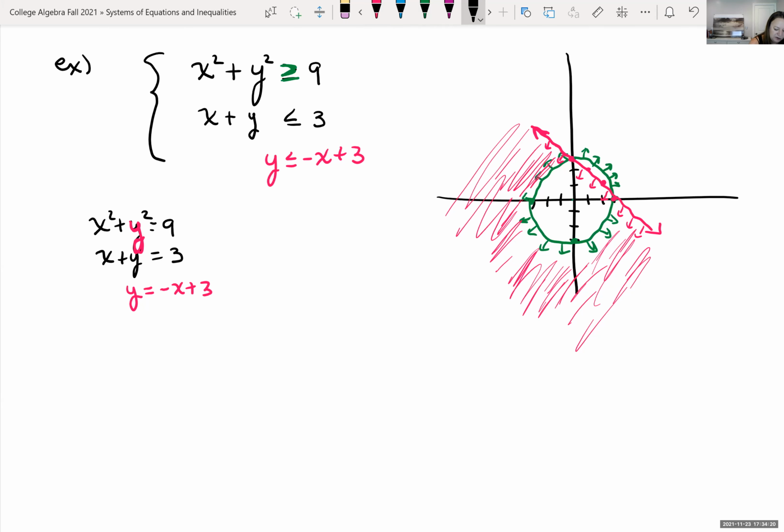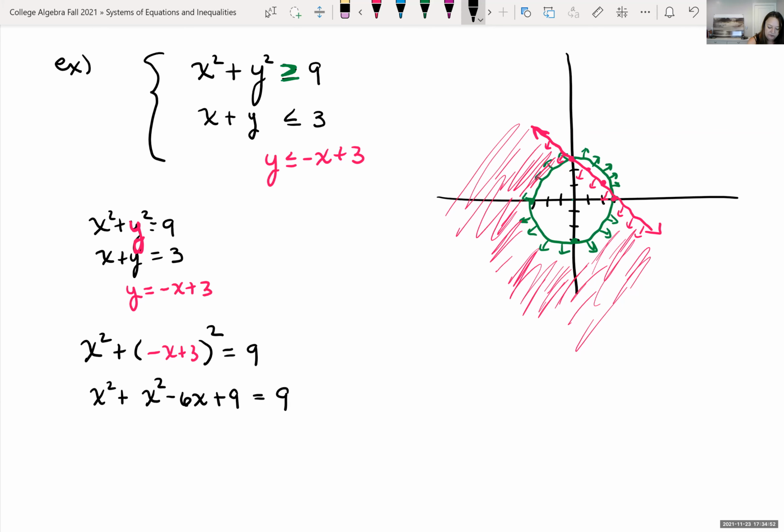If we did that, we would have x squared plus whatever y is, quantity squared, equals 9. And y we said was negative x plus 3. So let's distribute. Negative x plus 3 times negative x plus 3 gives x squared minus 6x plus 9, which is equal to 9.